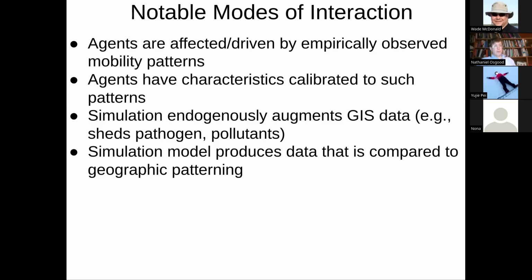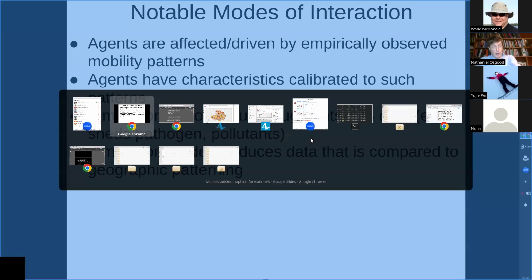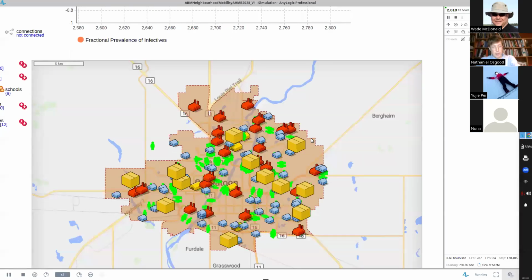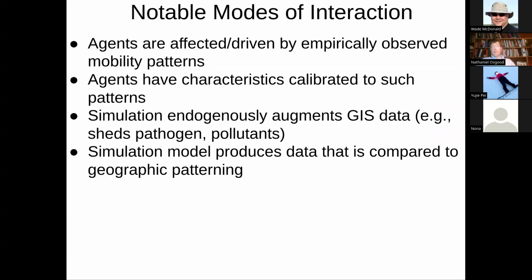You might be able to, for example, might want to use data from the world about empirically observed mobility patterns of going from A to B, and you might want to reflect that in your model. Maybe you have smartphone-based data like we do, and people travel, or give agents characteristics and potentially behavioral patterns calibrated to such.